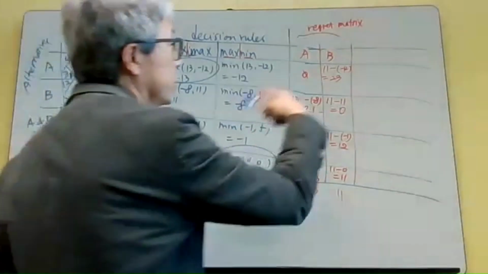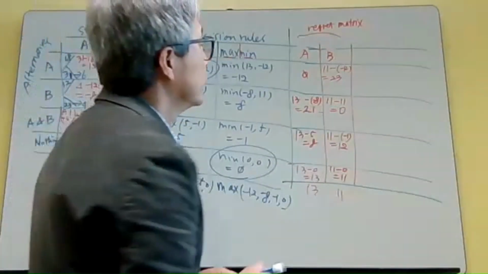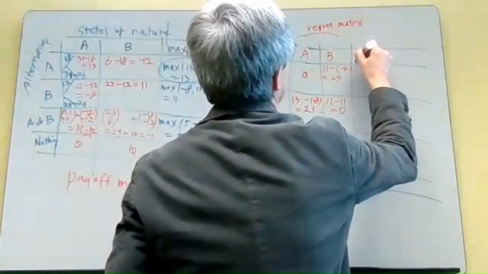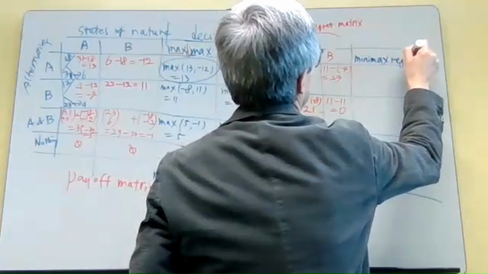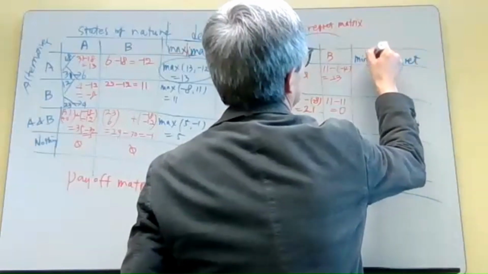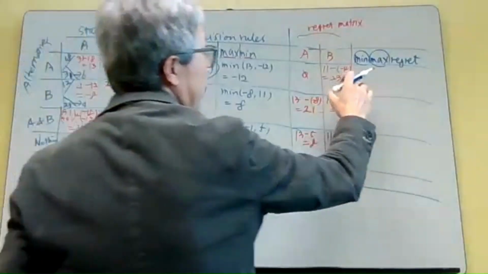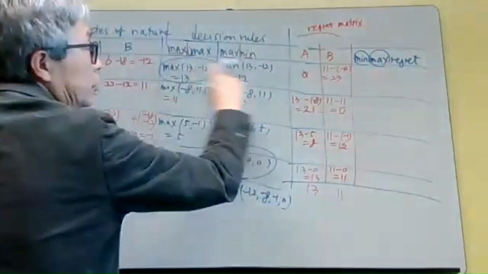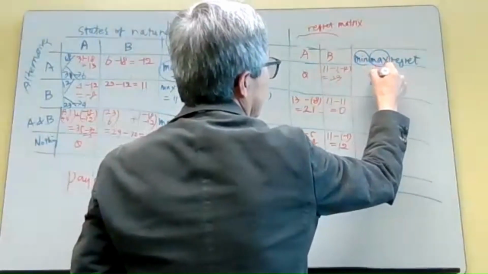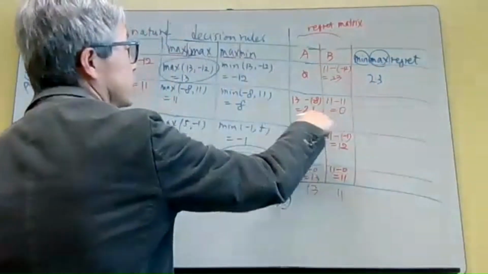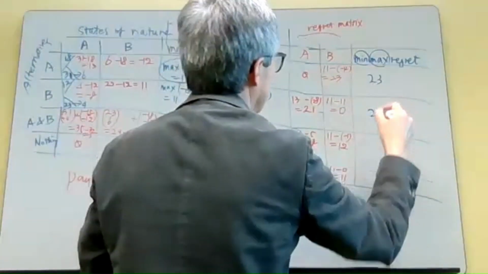Now, using this regret matrix, we're going to go with minimax regret. So we're gonna find the maximum regret of each alternative. The maximum regret of alternative A will be 23. Maximum regret of alternative B will be 21.